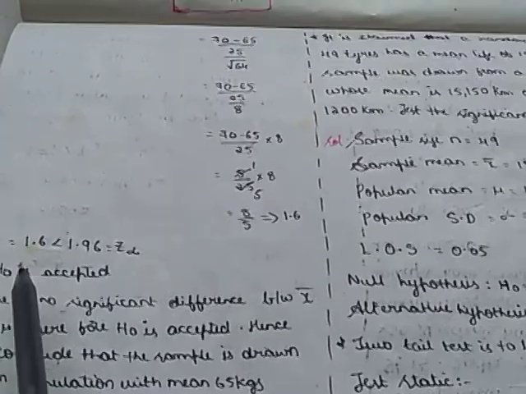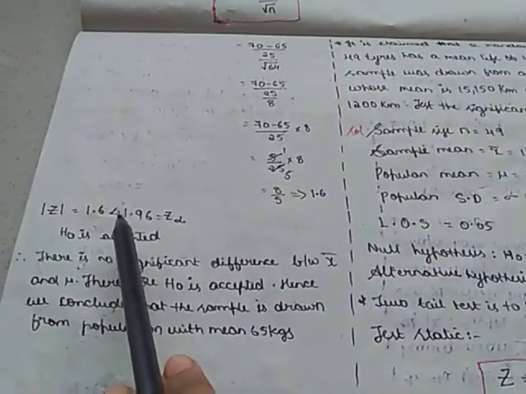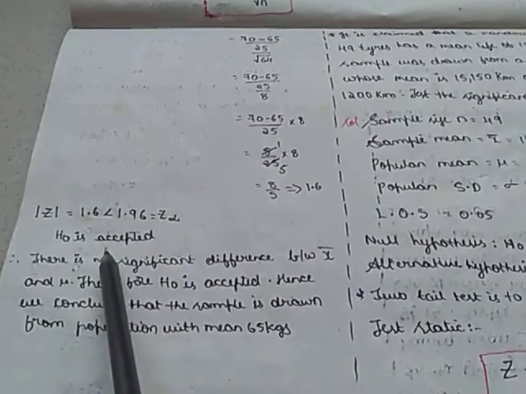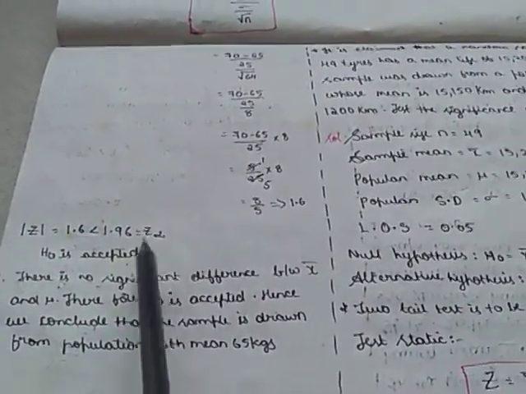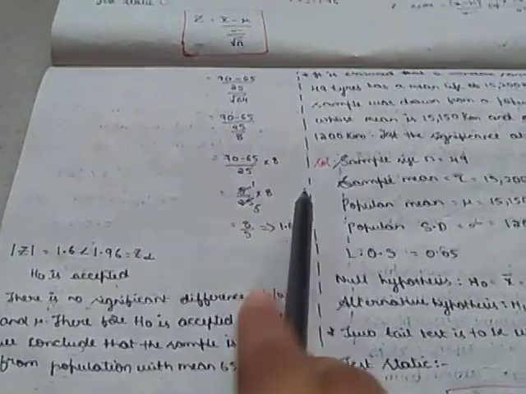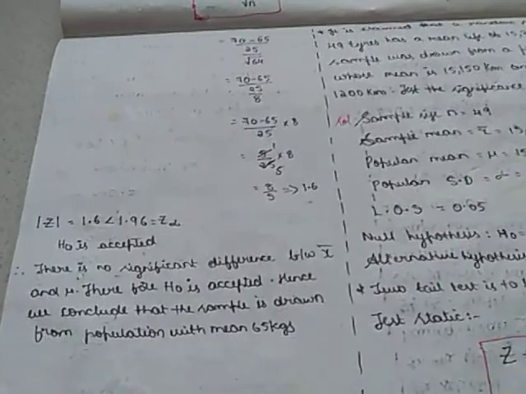See, this 1.6 is less than the z alpha value. So 1.6 is less than 1.96, so H naught is accepted. When the answer is less than the z alpha value, then H naught will be accepted.